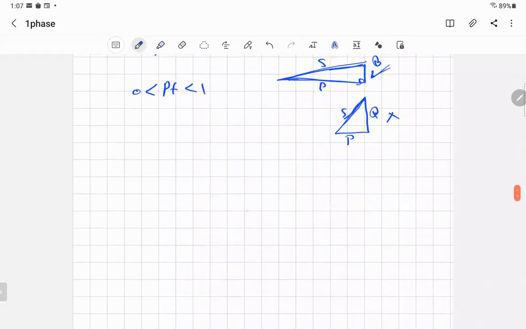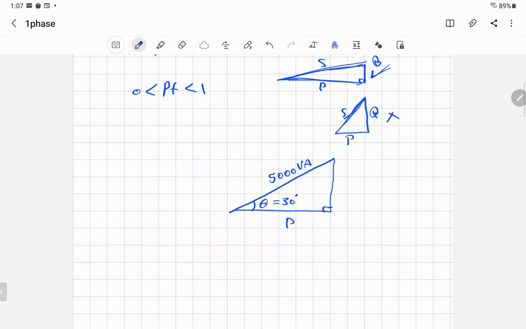So if I give you an example here, let's say that theta is equal to 30 degrees, and let's say S is equal to 5,000 VA.